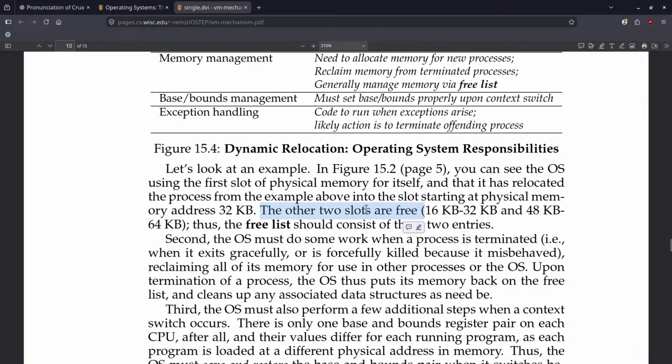The other two slots are free: 16 kilobytes and 32 kilobytes. The free list consists of these two entries.